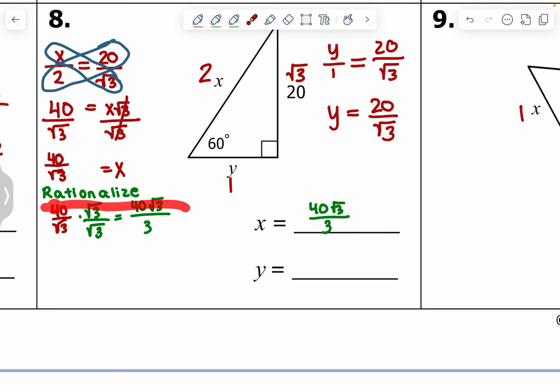I've shown you what it looks like whenever the top number does not divide evenly by the bottom number. So I'm hoping that many of us can see the pattern and rationalize without having to use all the rationalization steps, and see that this will turn into 20 radical 3 divided by 3.